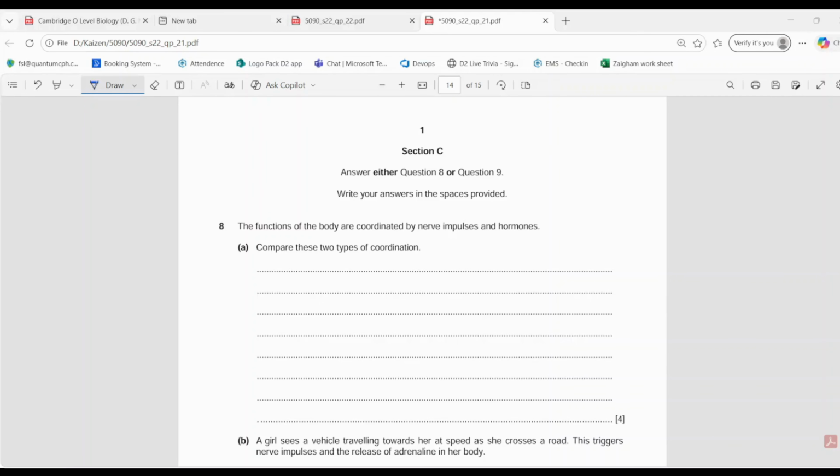Nerve impulses are faster than hormones. Nerve impulses pass electrical signals while the hormones in hormonal coordination work through chemical signals. Okay, any other?